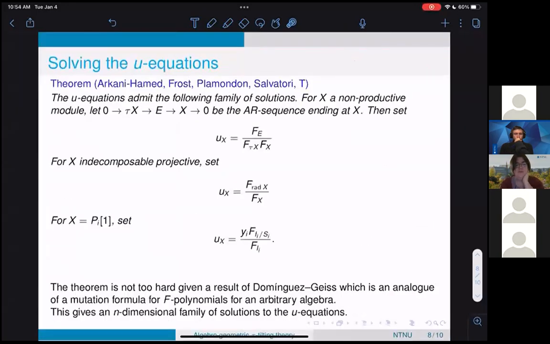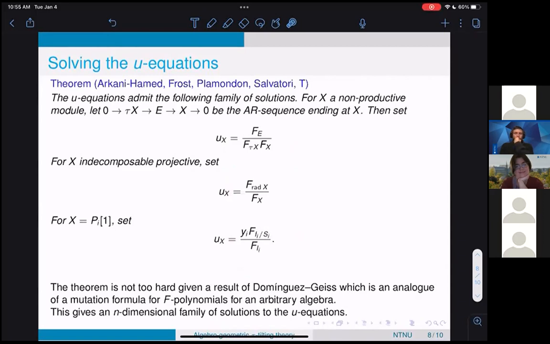And again, the detail of the theorem is not so important, but what it's saying is that there's a way to solve the U equations as rational functions in the y's. And so you can put in values for the y's and you get this n-dimensional family of solutions.